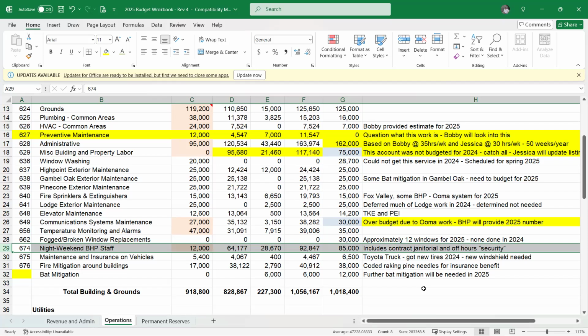Oh, no, I agree. It needs to be put somewhere. I'm just trying to figure out where it's gone and if that's where we want it to go for next year. Yeah, but for the night 674, night and weekend, Jessica separates the guys that work on the night and weekend, and there's a bit of a breakdown under there.